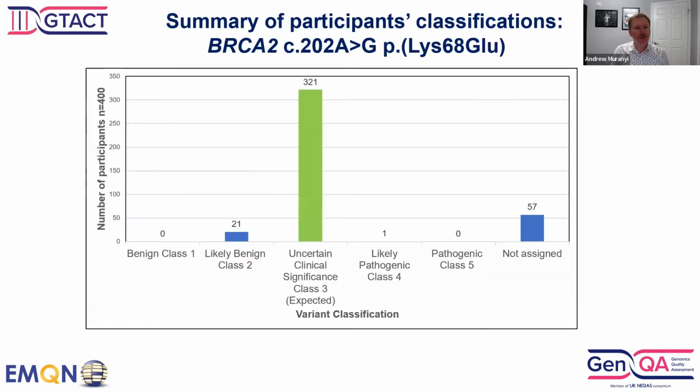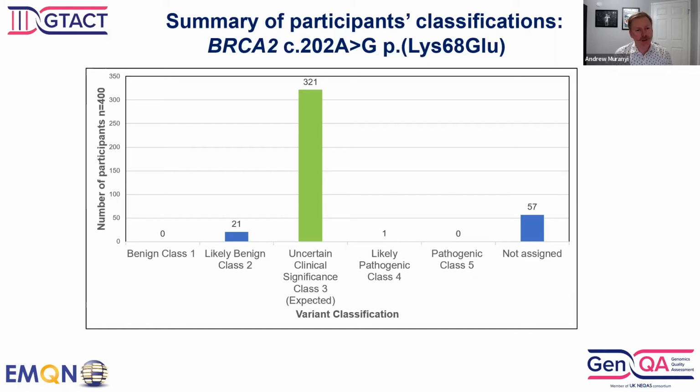Next slide, please. So the majority of participants classified this as expected as a variant of uncertain significance. However, there were a few that classified this as likely benign and likely pathogenic, only one as likely pathogenic. The reasons for the individuals classifying this as likely benign weren't always completely clear, so not all the evidence that was used to arrive at this classification was clicked off.